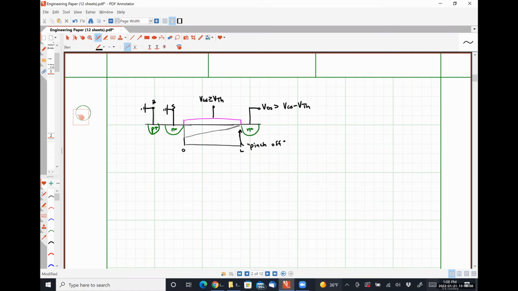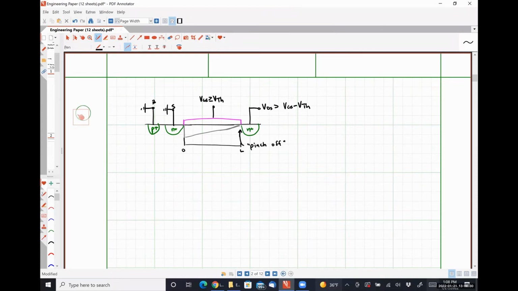So we're going to redo our integral. Well, actually, let's talk about something else just real quick, okay? So when VDS is exactly equal to VGS minus VTH, we have this profile where it's pinched off.